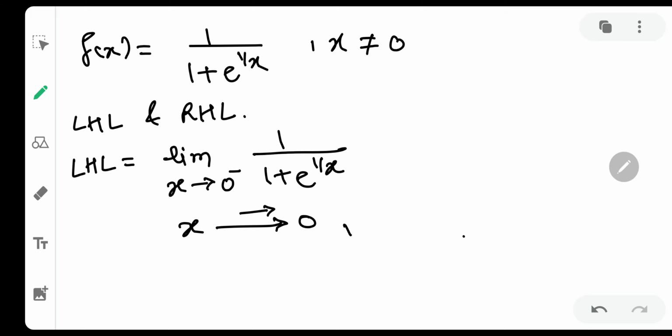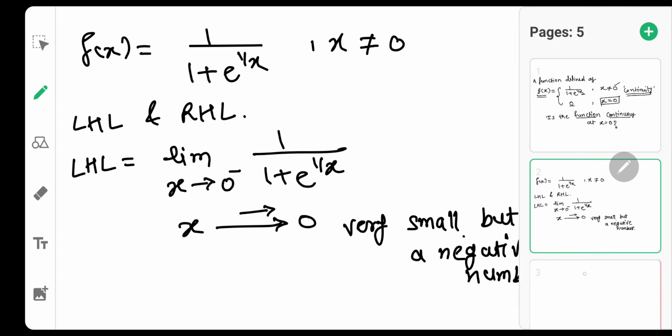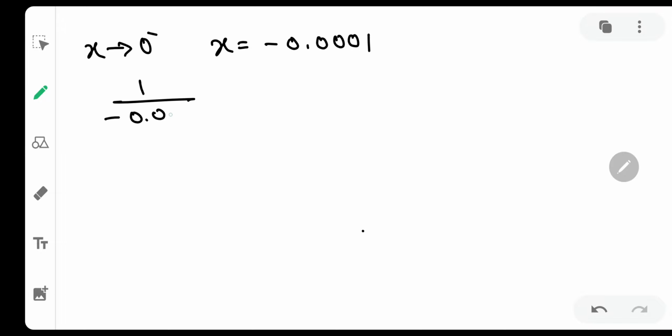So it will be a very small but negative number. Now we need to understand how this will react. If I say that the number is very small and negative, I can say x is minus 0.0001. Now imagine 1 upon minus 0.0001.